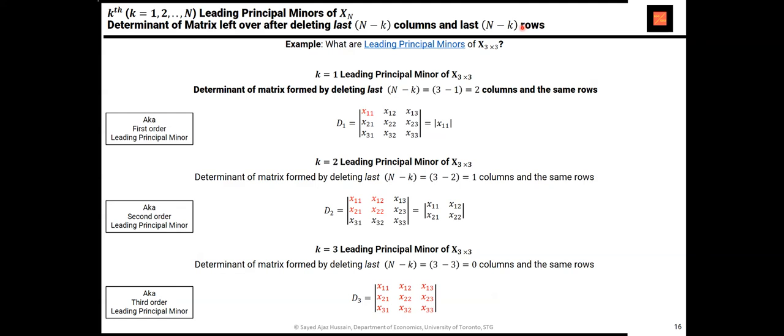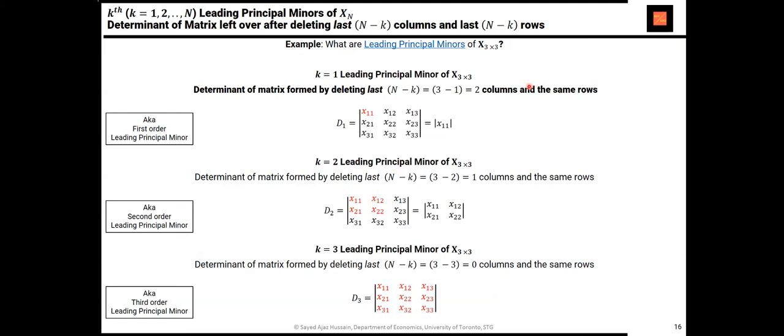Guys, I'm sorry, but you need to remember this now. Right now, you're deleting the last n minus k columns and the last n minus k rows. Next week, when we do optimization and we work with the bordered Hessian matrices, you would have to delete any n minus k columns and any n minus k rows. But right now, it's the last n minus k columns and the last n minus k rows.